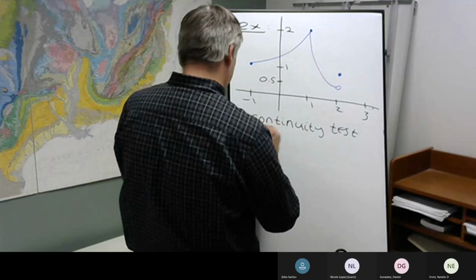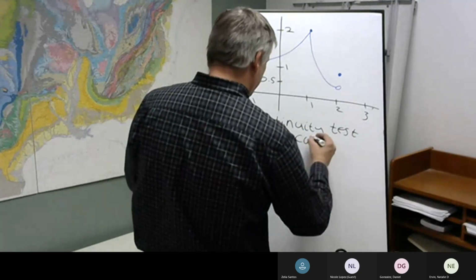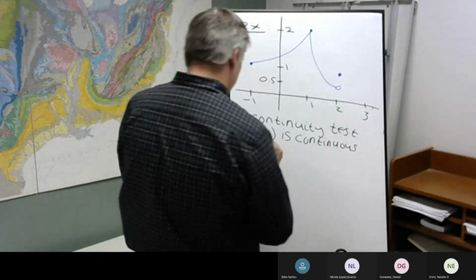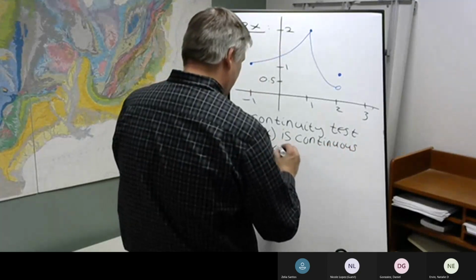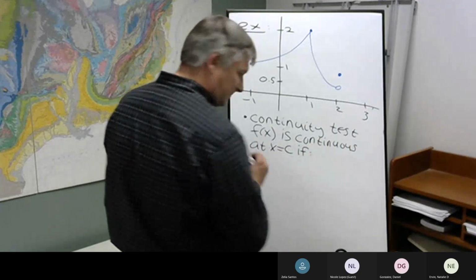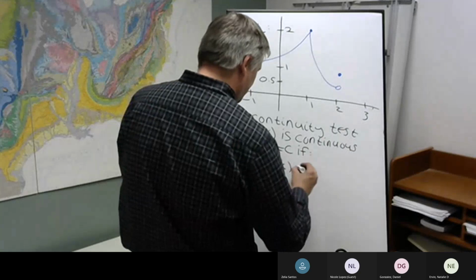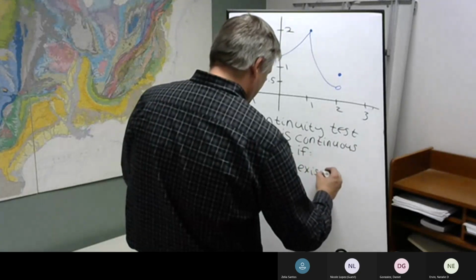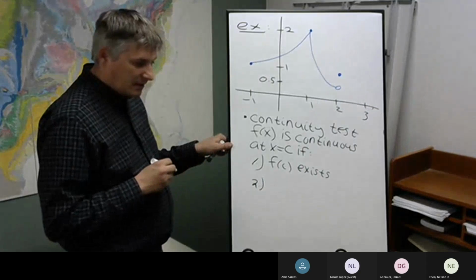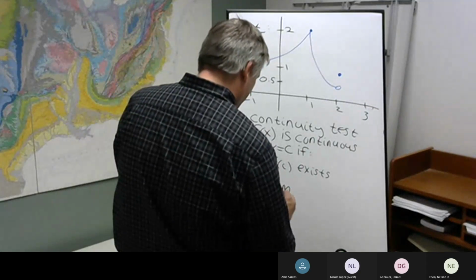So f of x is continuous at x equals c if f of c exists. The limit exists, and this is the two-sided limit.